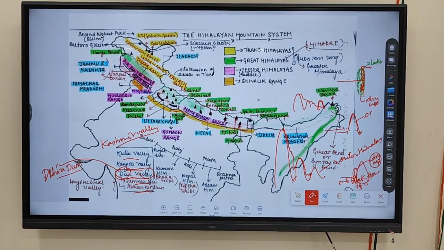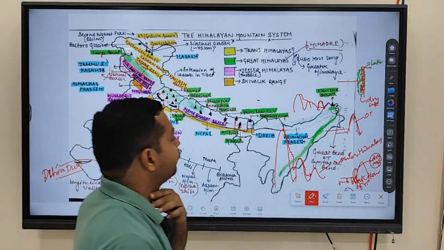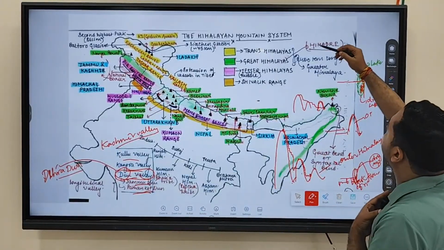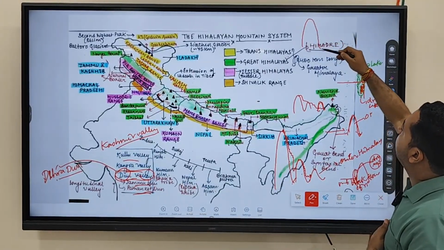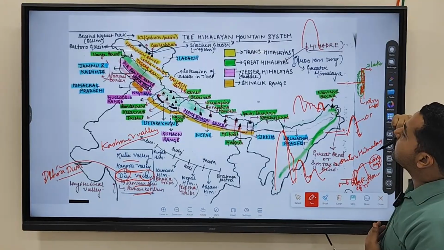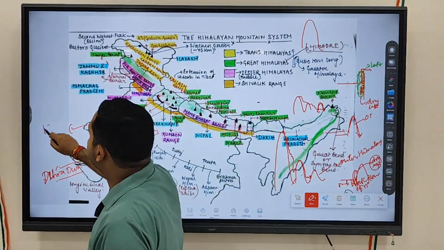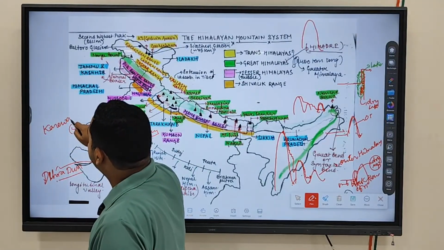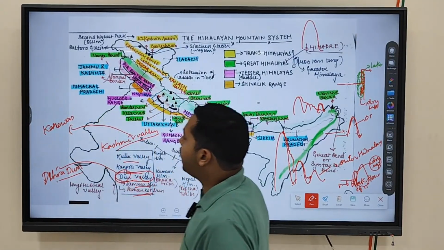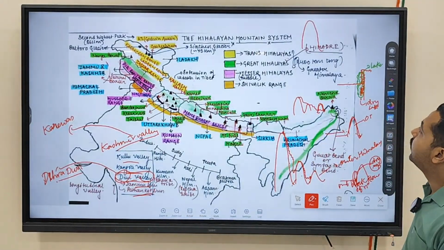Next, what you are finding is another type of valley, like the Kashmir Valley, which we refer to as Karewa Valley. Now what is Karewa?